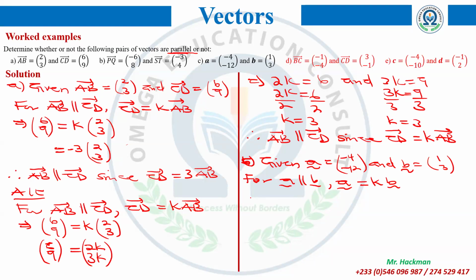This implies that vector A, which is (-4, -12), is equal to small k times your vector B, which is (1, 3). So (-4, -12) should be equal to k times (1, 3), which will give us (k, 3k). All correct, my professors?